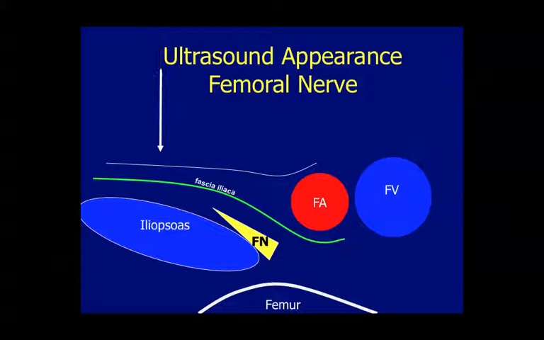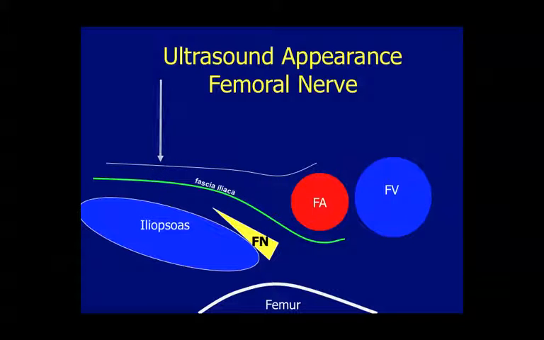An alternative to this approach is to advance a needle 1 to 2 centimeters lateral to the femoral nerve, either in plane or out of plane, and using hydrodissection to inject local anesthetic into the tissue plane between the fascia iliaca and the femoral nerve, thus achieving a block without trauma of the needle to the nerve. This is a nice technique, but it can be difficult to perform.